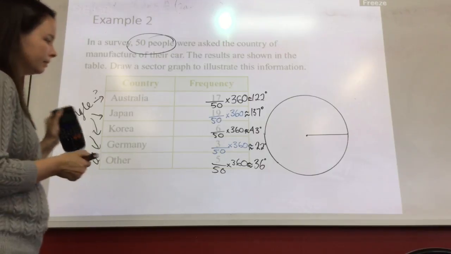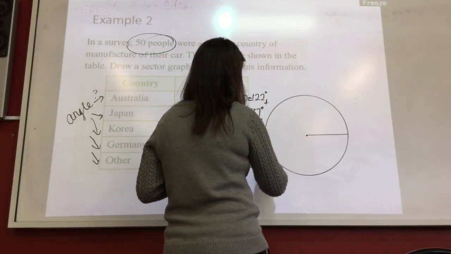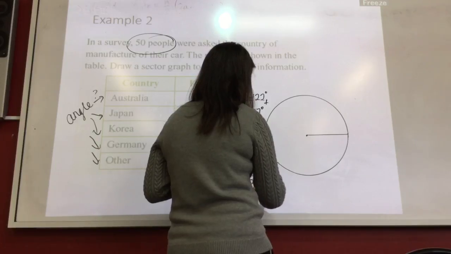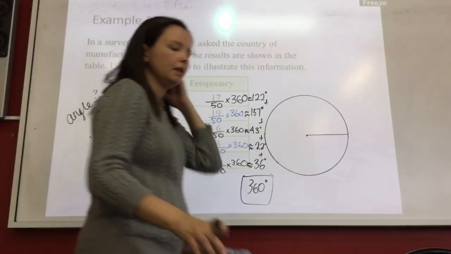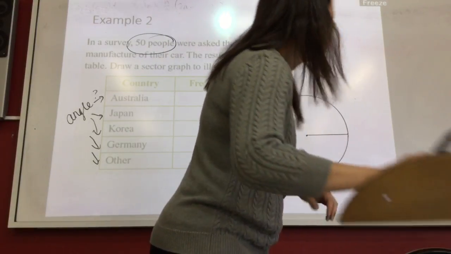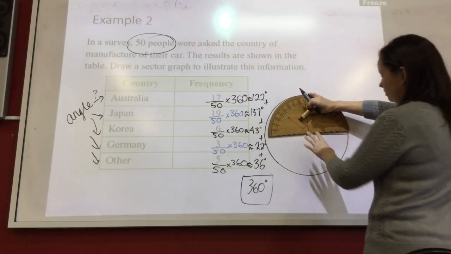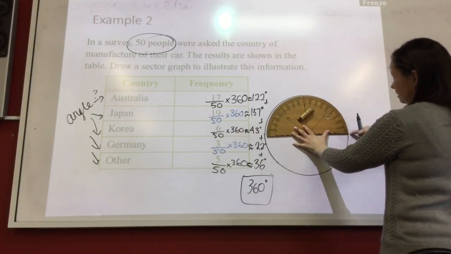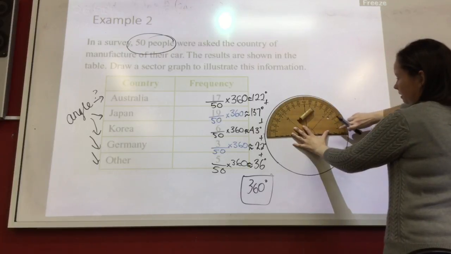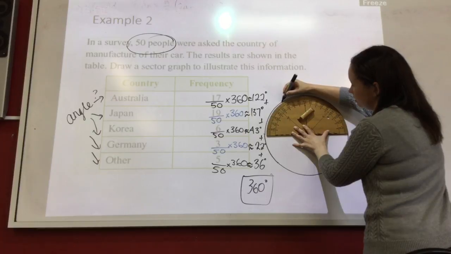Okay, and adding all that up, what should these all add to? 363. Yep, and you can check, and they do add up to 360 degrees. So then you can go and put them in on your sector graph. Okay, so 122, we're starting at 0 over here, which means we're going on the inside line, 122.